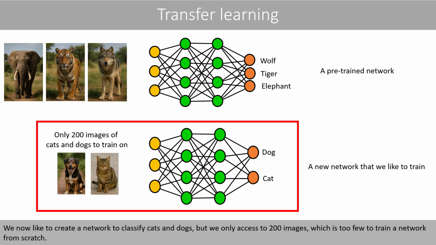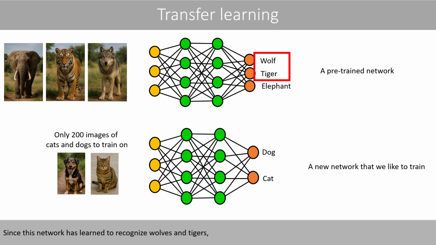We now like to create a network to classify cats and dogs, but we only have access to 200 images, which is too few to train a network from scratch, since this network has learned to recognize wolves and tigers, which look quite similar to cats and dogs.